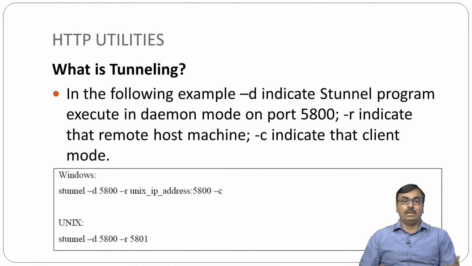Then in Unix, the client machine, you will enter S-tunnel -D 5800, that is our port, and remote is 5801. So these are the HTTP utilities inside this session.